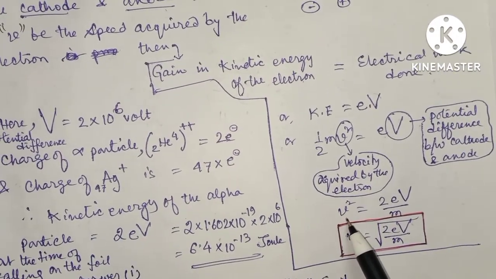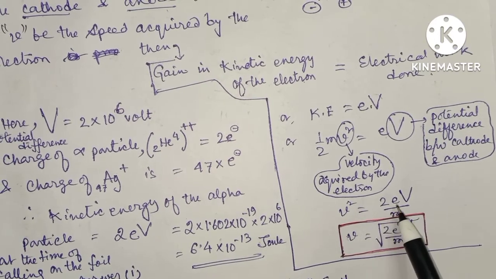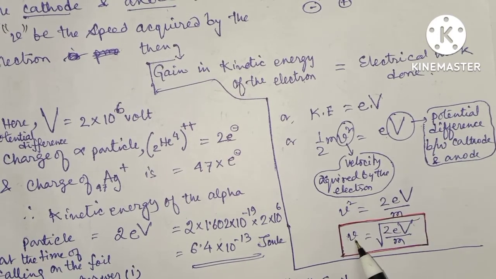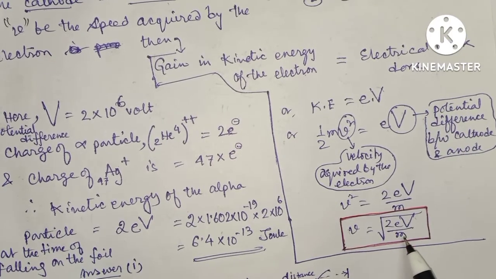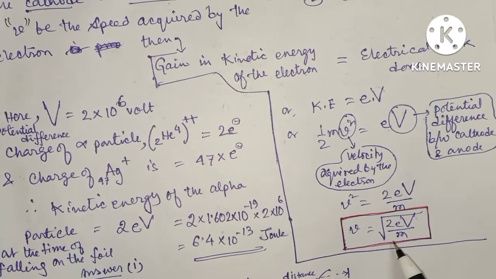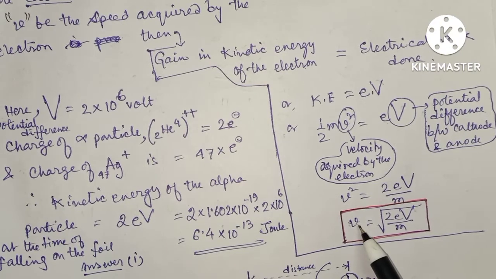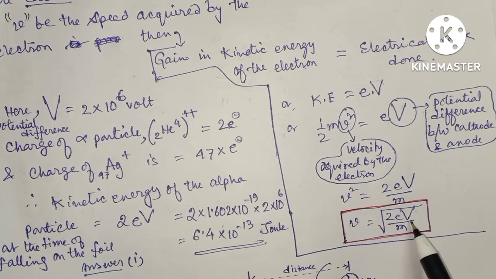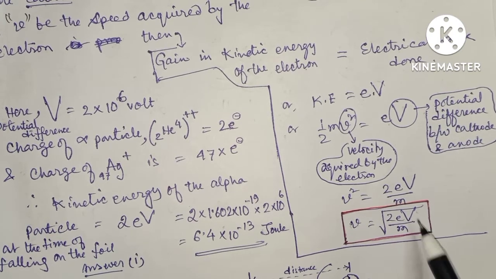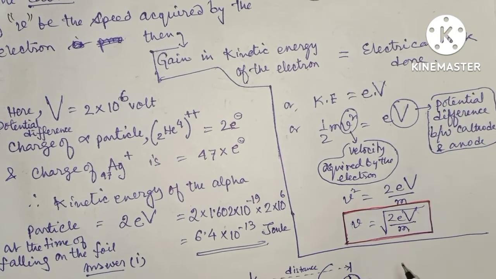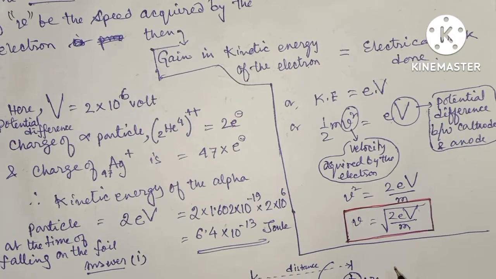So v square is equal to 2 eV by m. Therefore the velocity v is equal to the square root of 2 eV by m. This is the velocity in an electric field where V volt is the potential difference and m is the mass of the electron.